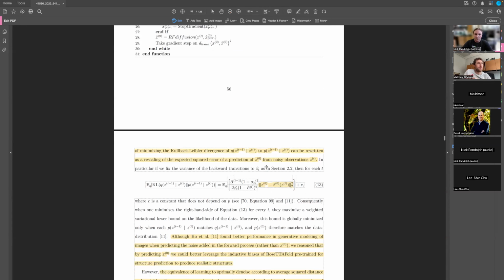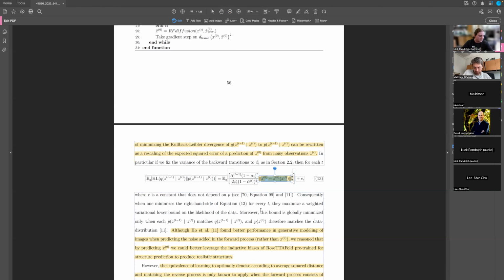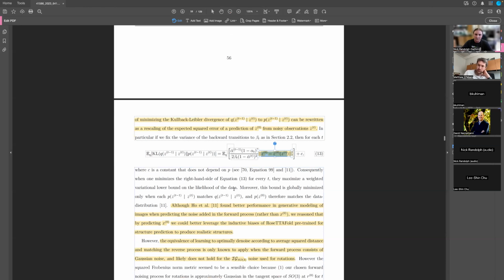When it's Gaussian, you can do a rescaling of this KL divergence using this expected error of the prediction and the noisy observations. So this is really easy to do. This is approximating what noise was added, or the score that you need to move in.